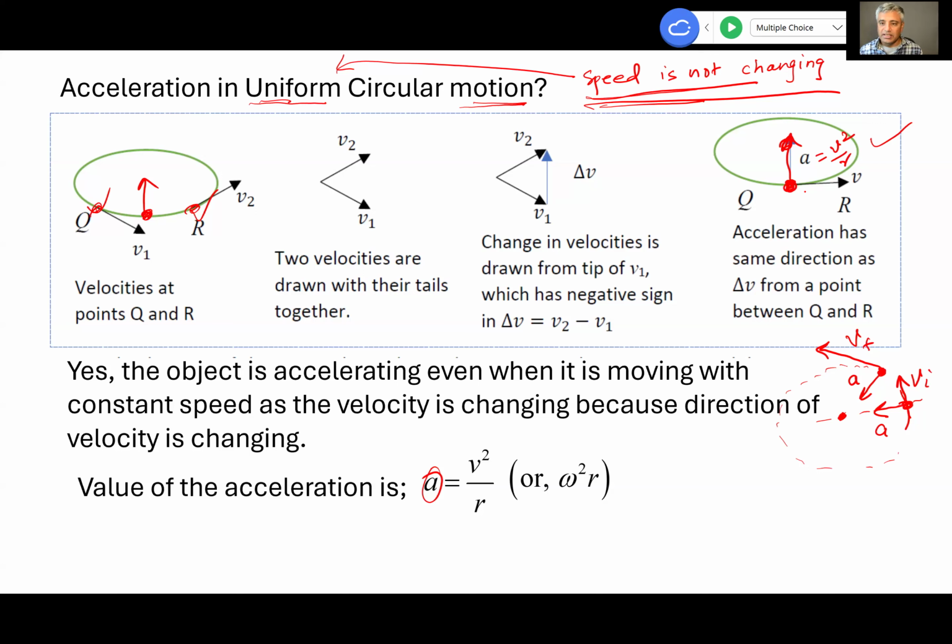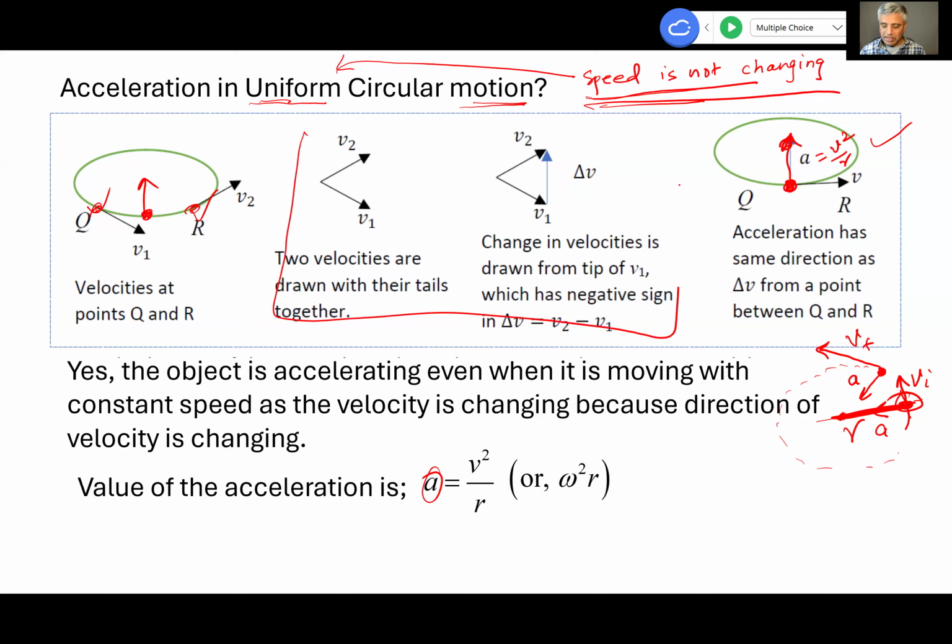Square that and divide that by the radius of the circular path. So for example, in this case, this whole length is going to be the radius. So if you know the speed here and you know the radius of the circular path, you know the value of acceleration. How do you know the direction?